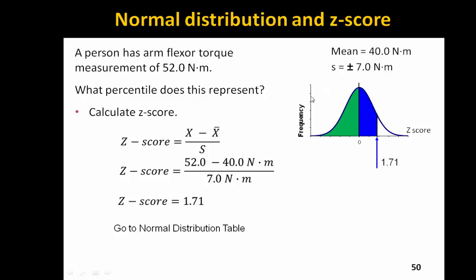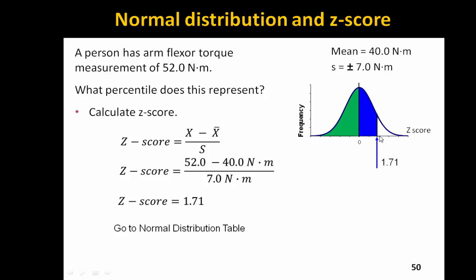So if we go up to our graph here and look along the x-axis, we calculated 1.71. We're just getting a visual estimate of where 1.71 would reside on this scale. These ticks are pretty small, but you can see the first tick on the x-axis is positive 1 standard deviation.